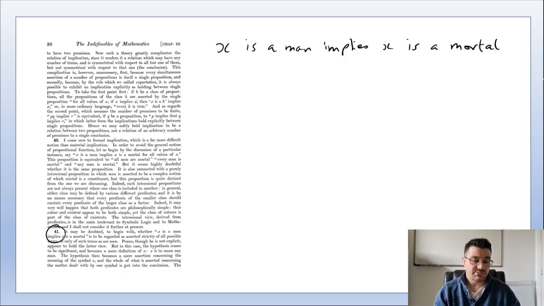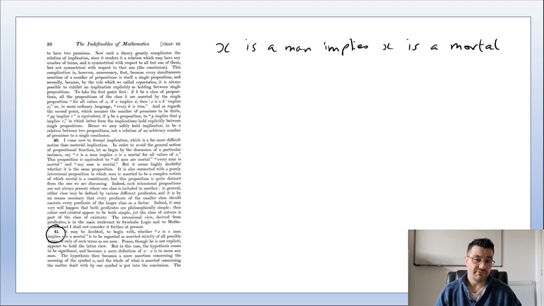In section 42, so I'm getting a bit ahead of myself, and I will be coming back to this later in the video, right at the beginning Russell says the following: it's to be observed that "X is a man implies X is a mortal" is not a relation of two propositional functions, but is itself a single propositional function having the elegant property of being always true.